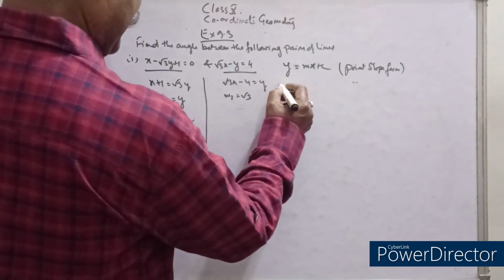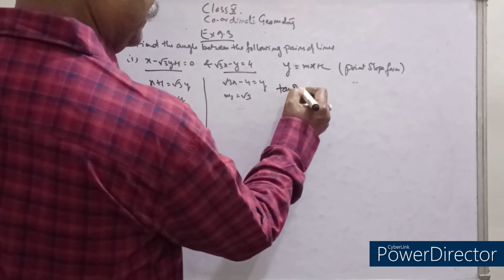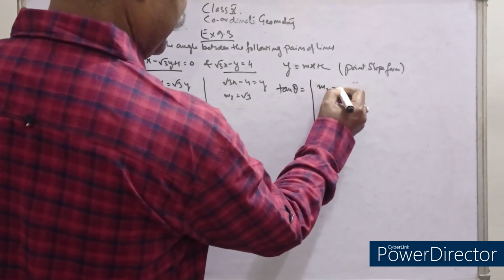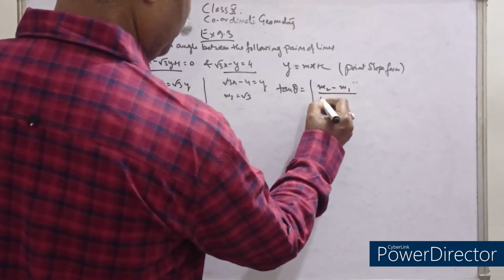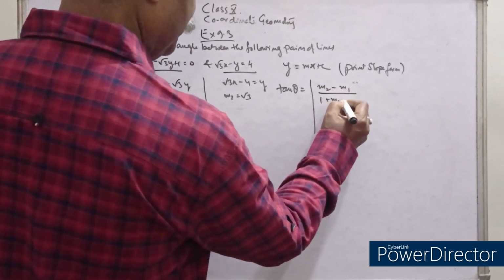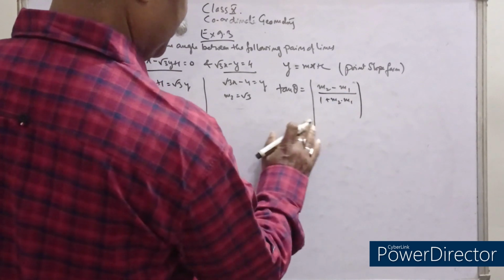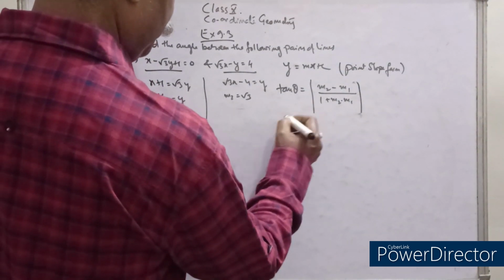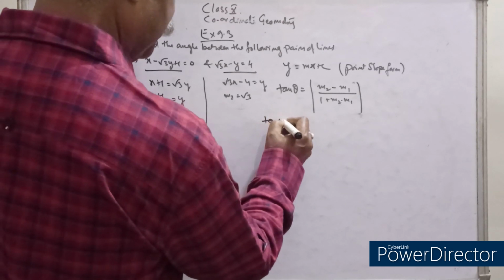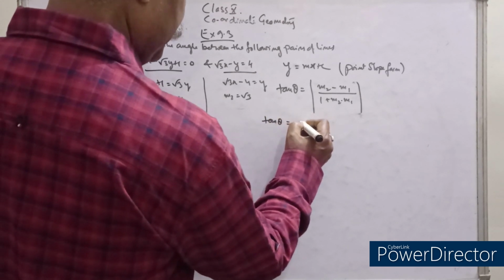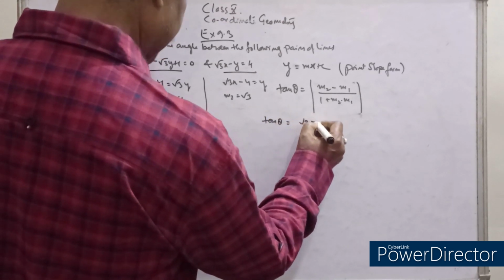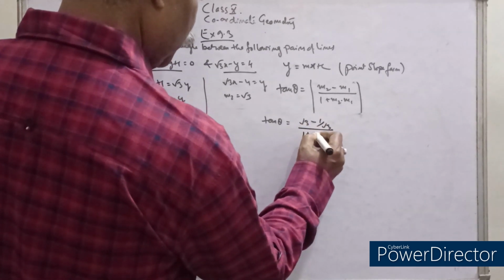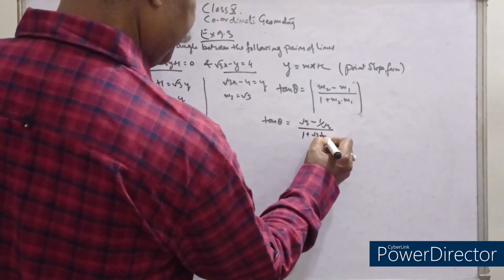Now, according to this angle, tan theta will be m2 minus m1 divided by 1 plus m2 into m1. So here, first of all I will take a positive value, that is positive root 3 minus 1 by root 3 divided by 1 plus root 3 into 1 by root 3.